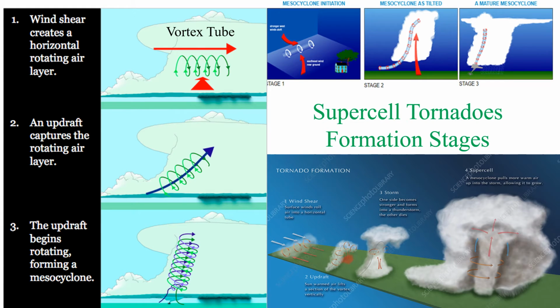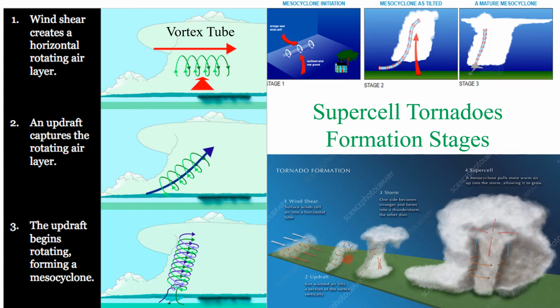This spinning vortex tube also forms when a southerly low-level jet exists just above the weaker surface wind. If the strong updraft of a developing thunderstorm tilts the rotating tube upward and draws it into the storm, the tilted rotating tube then becomes a rotating air column inside the storm.